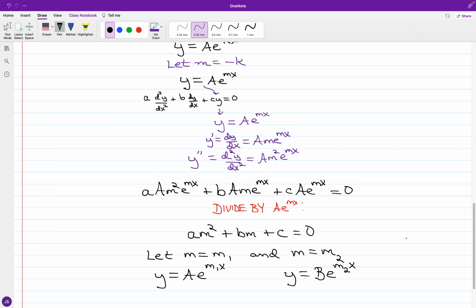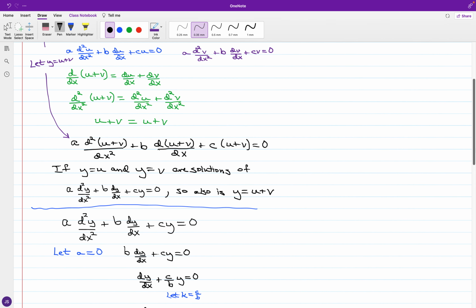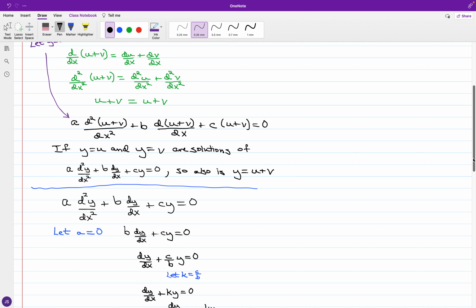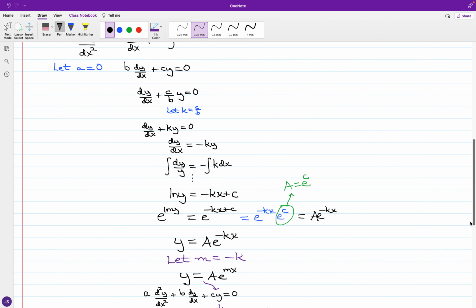Now think of m sub 1 and m sub 2 as being analogous to the earlier case where we had y equal to u, y equal to v, and coupling together the sum of u and v: y equal to u is one solution, y is equal to v is another, and as a third solution y equal to u plus v.